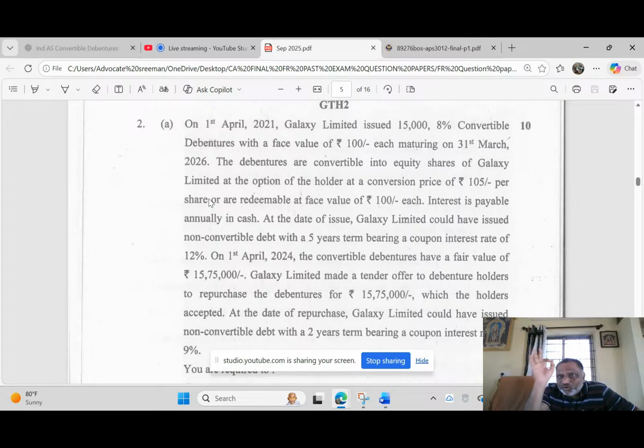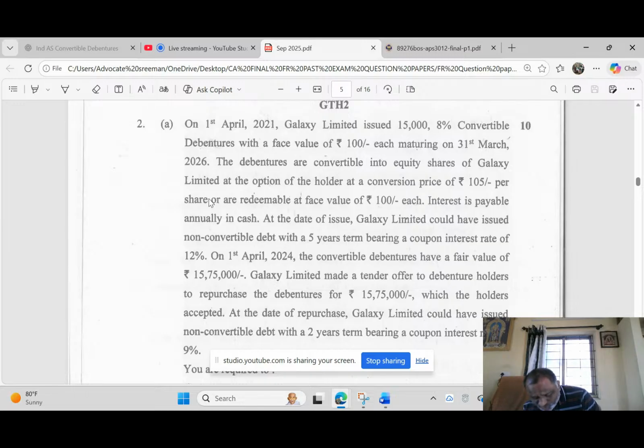He issued 15,000 8% convertible debentures, whereas the market rate of interest is 12 percentage. Then I need to discount at 12%. Even though I'm paying 8 percentage, in my financials I need to recognize the liability at the 12 percentage rate.